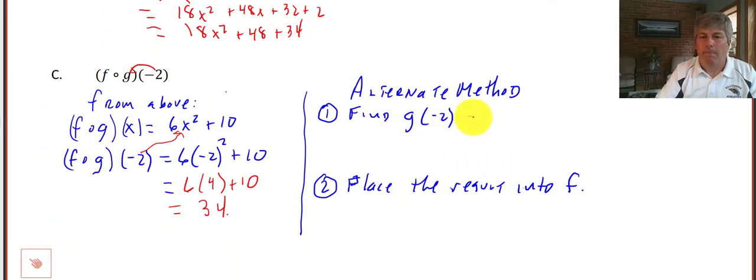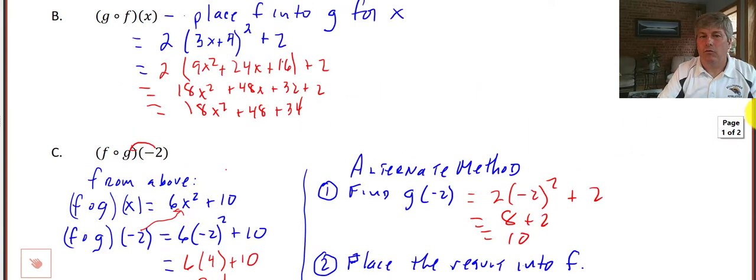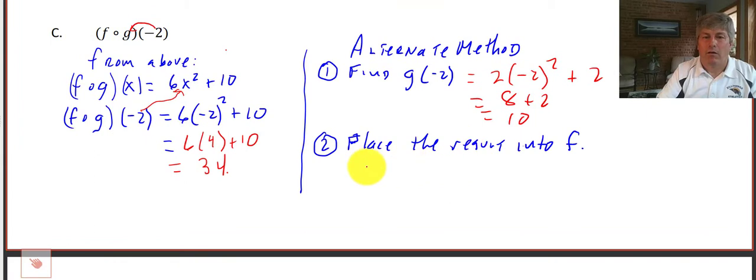So it was 2 times negative 2 squared plus 2, which would be 10. And then we would take 10 and place it into our function for f. So our f of 10 is 3 times 10 plus 4. And indeed, we get the same result, which we should.